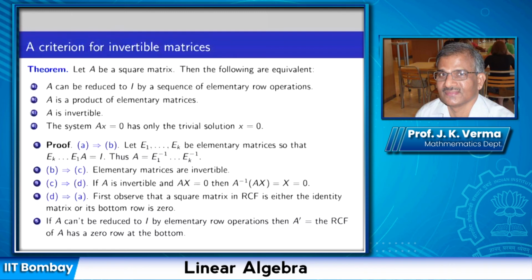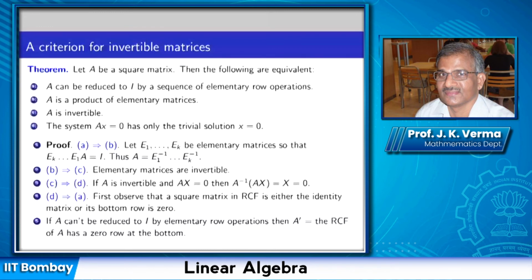So imagine I have a square matrix in row canonical form. If it is an n by n matrix, the number of pivots is either n or less than n. Suppose it is equal to n. That means every column has to have a pivot. But the pivots slide from left to right as you go from one column to another, and therefore, if there are n pivots, this matrix has to be the identity matrix.